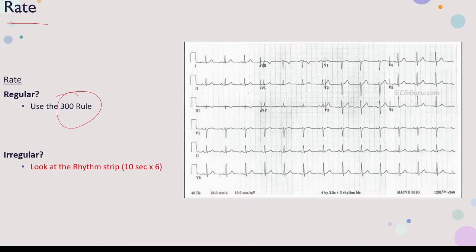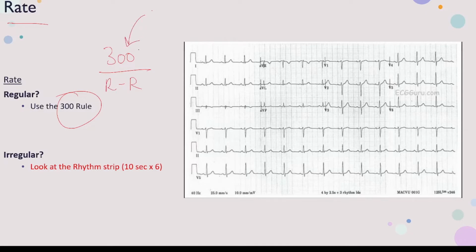So here is an example of an ECG, and the 300 rule goes as follows. 300 divided by the large boxes between one R to R interval. But firstly, where does the number 300 come from?